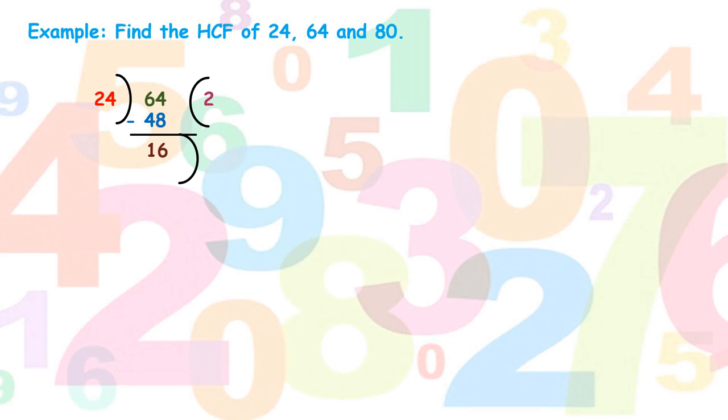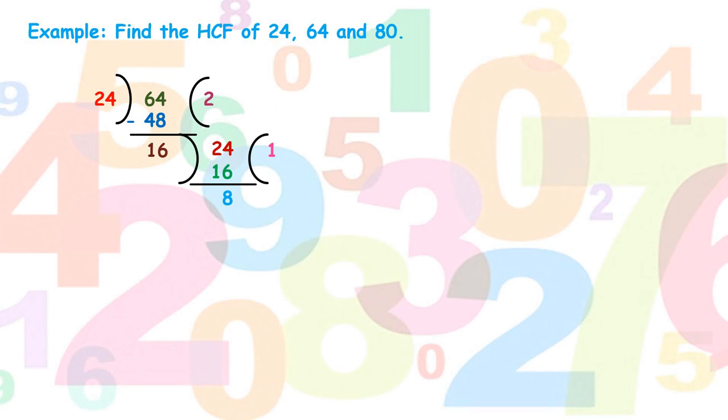So 16 will become the divisor and the last divisor becomes the dividend. It will go 1 time. So how much is the remainder here? Yes, you are correct, 8.